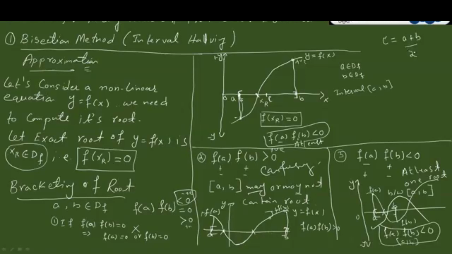Very simple logic. So C is a point which has a numerical value equal to A plus B upon 2. It is very simple. You selected two points, one has a negative answer, the other has a positive answer. Then you compute another point C by taking the midpoint of these two values. That's what you have done.